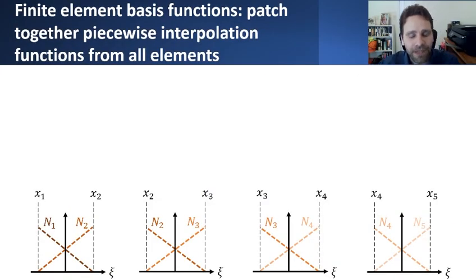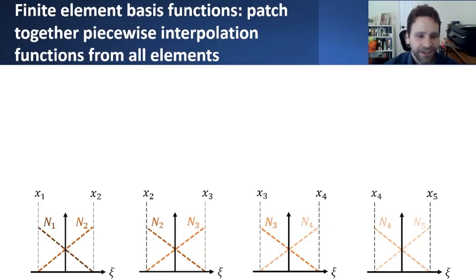Now, each element will have its own set of local shape functions, expressed in terms of its own local element coordinate system. And we can do this to come up with these local sets of interpolating shape functions or basis functions that tell us how the solution should be interpolated between the distinct nodal values that terminate a given element.